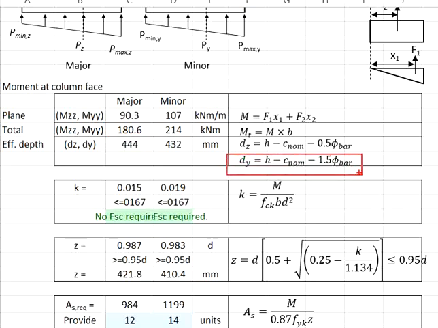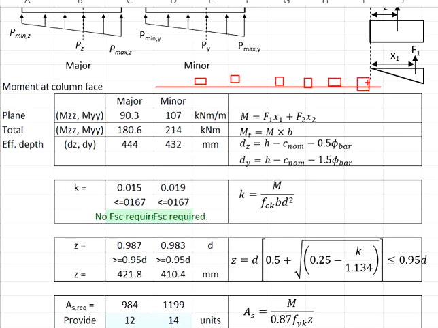As for the minor axis, since you have the longitudinal bar nearer to the soffit of the pad footing, the secondary bar will be on top of the main bars. Therefore, you need to include the diameter of the main reinforcement bar. Substitute the values 500, 50 and 1.5 times 12 mm. You get your effective depth of 432 mm.